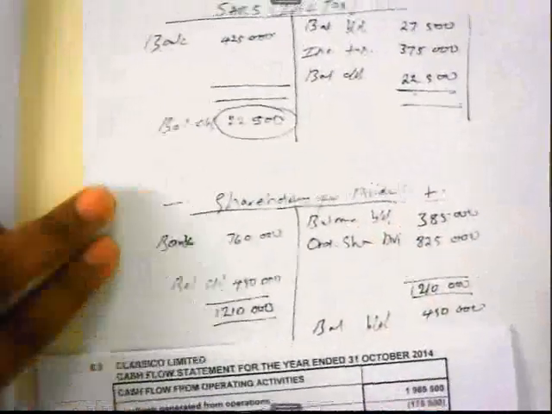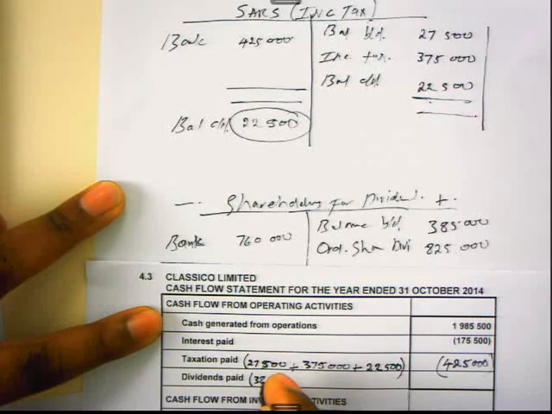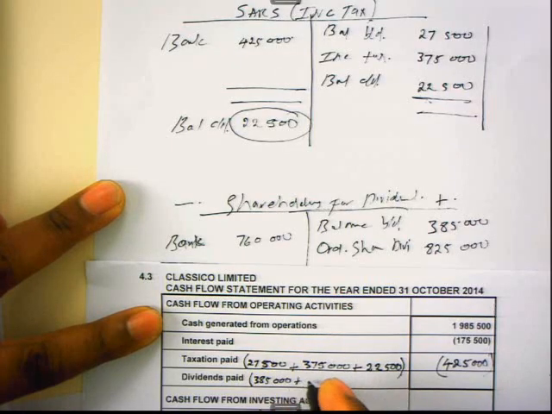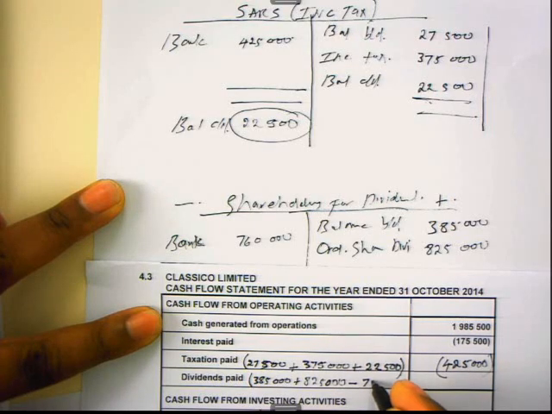I write them as positives. Then I will have 385,000 plus 825,000. And the amount on the debit side, I will write it as a minus 760,000.